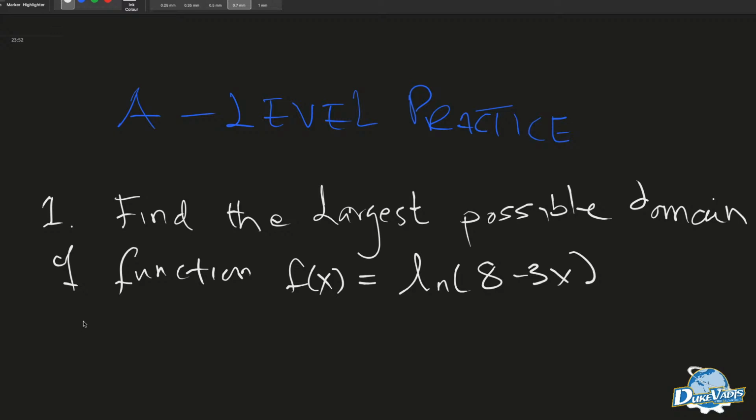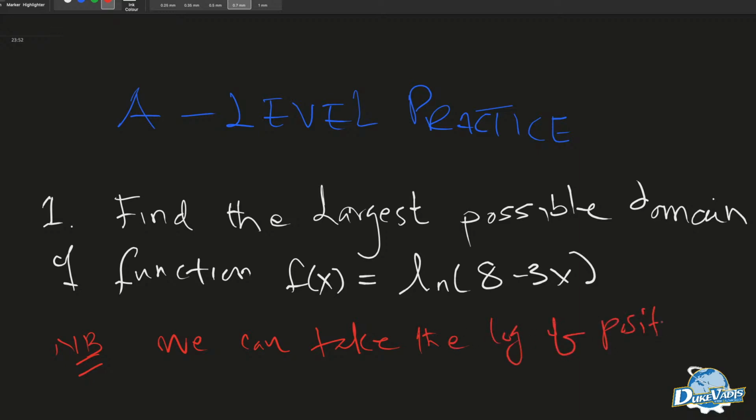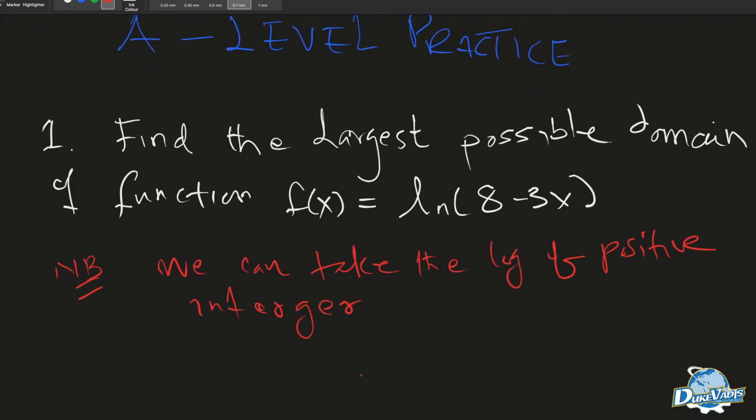So note, first of all, we can only take the log of a positive number.